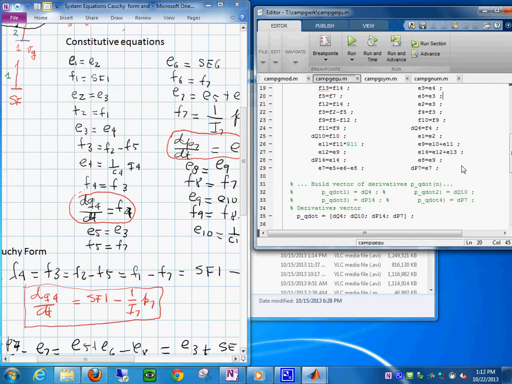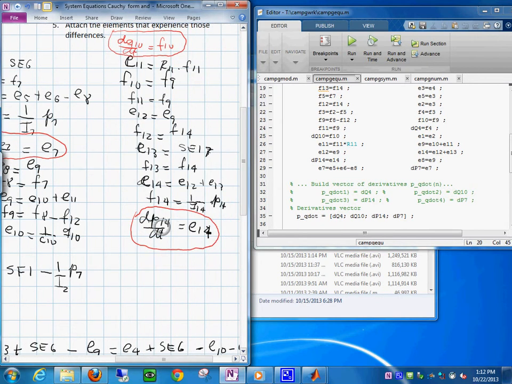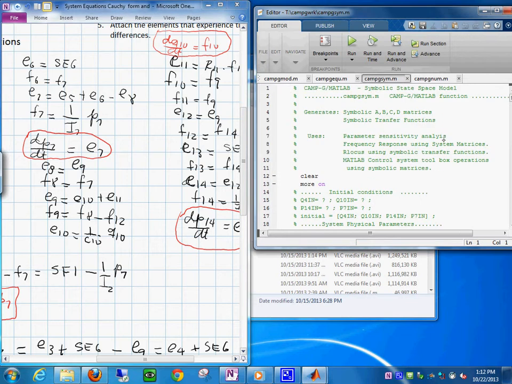And you see dp sub 4 is going to be dq10 dt is this one. So it's right there. This equation is this one right here. See, that equation highlighted is this one. And you have dp14 is the next one that is showing in there. That one is right here, see? That equation is this.